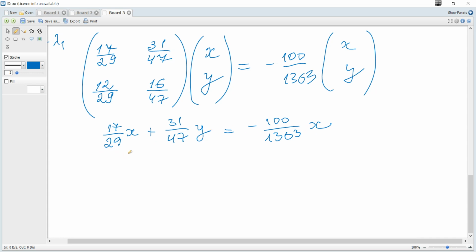But let's consider the second. The second becomes 12 over 29x plus 16 over 47. Or actually, you may check that if you consider the second, you will get absolutely the same.